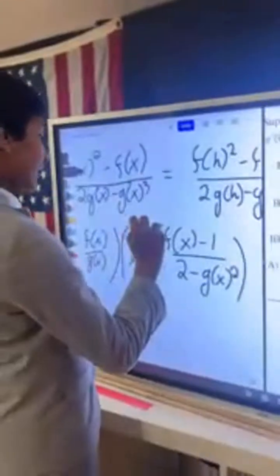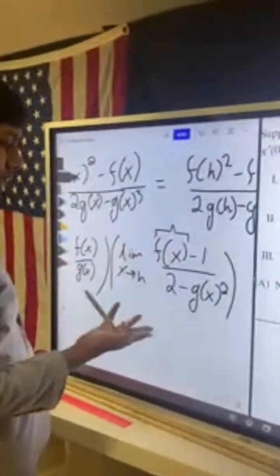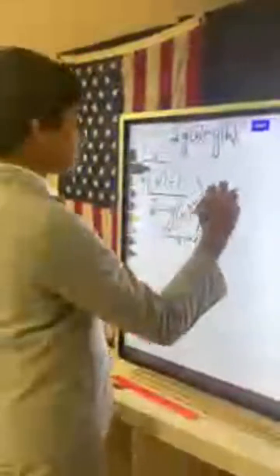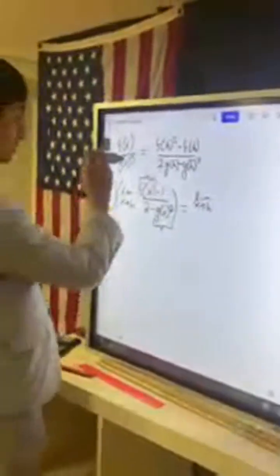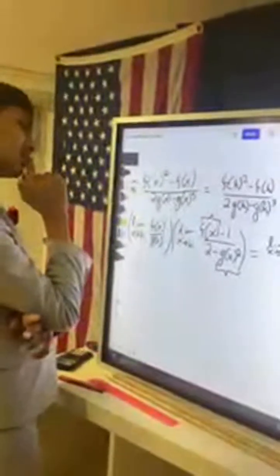And by the same exact rules, if f of x is continuous and g of x is continuous, g of x squared has to be continuous. So we can apply the same rules again, or, wait a moment.